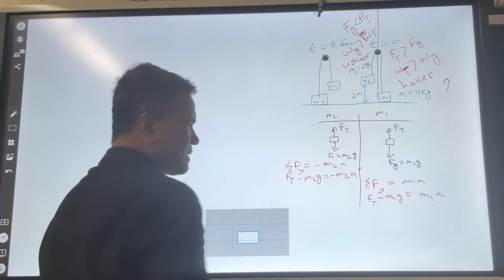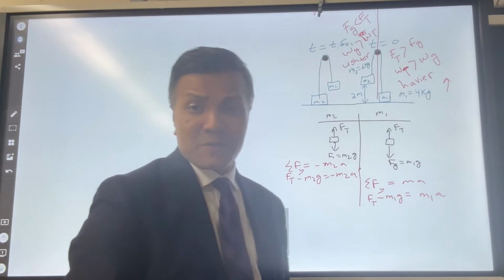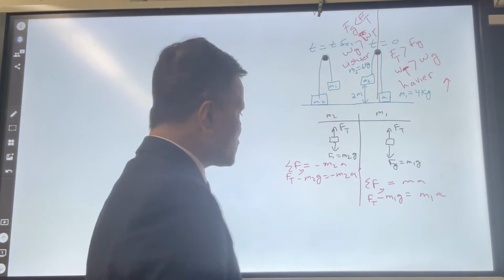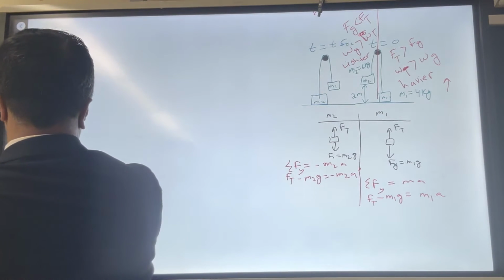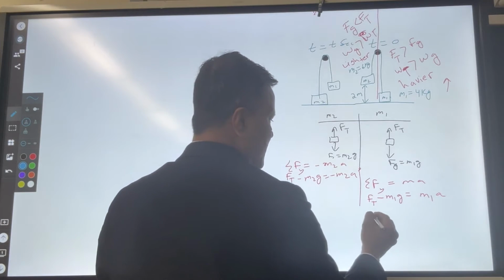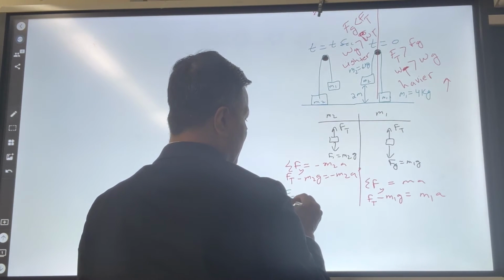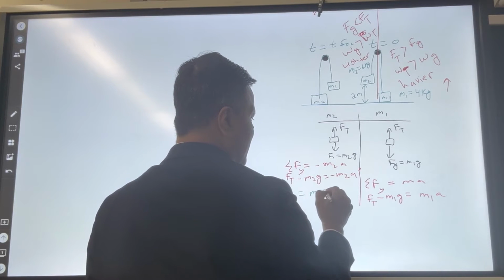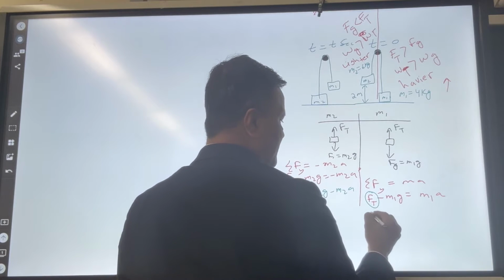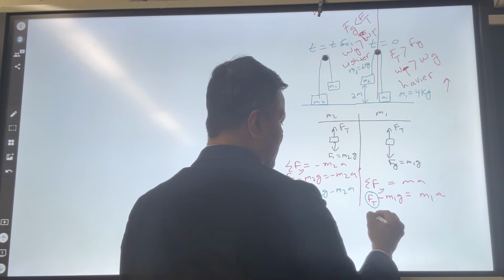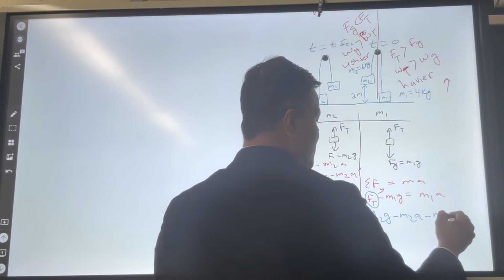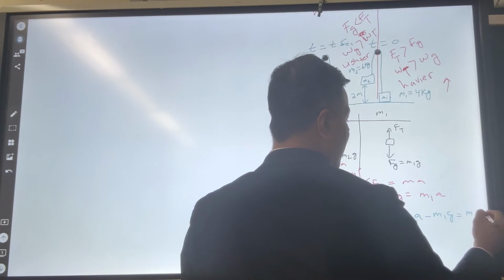Okay. Now, we can use the system of equations to isolate the acceleration, but we also can use an algebraic shortcut. If we say that Ft is equal to m2g minus m2a, and replace over here, m2g minus m2a minus m1g is equal to m1a.